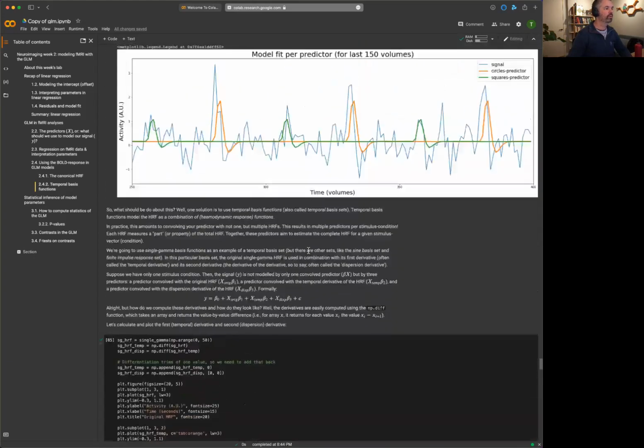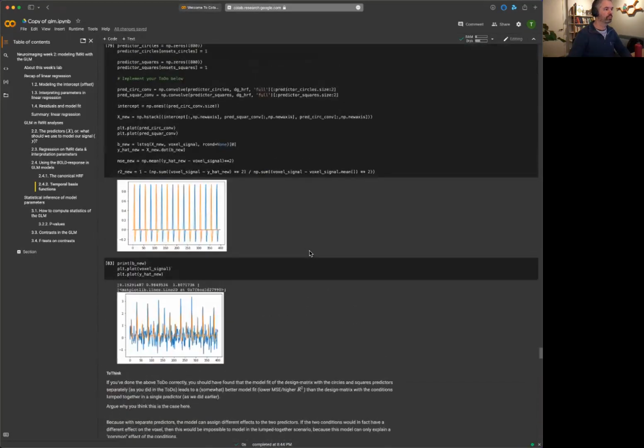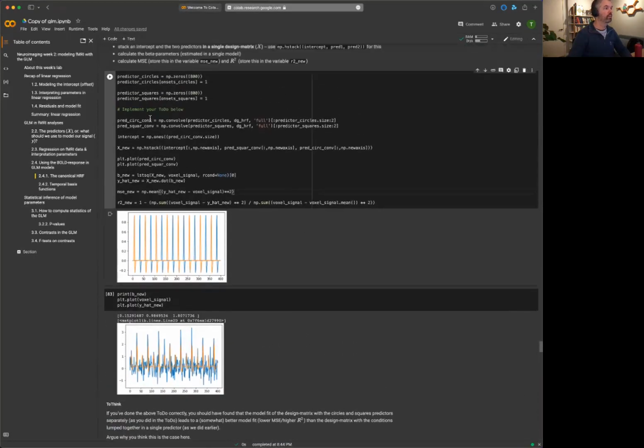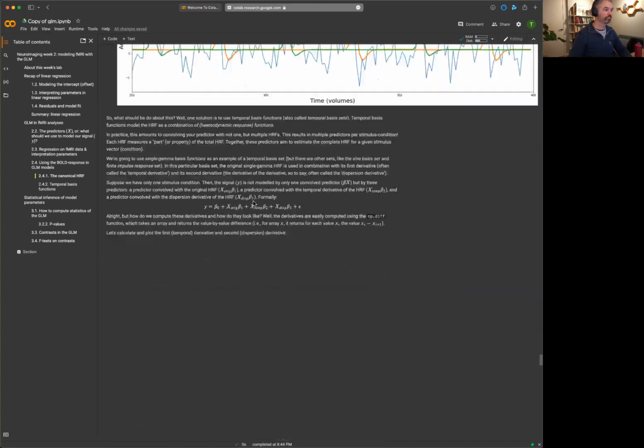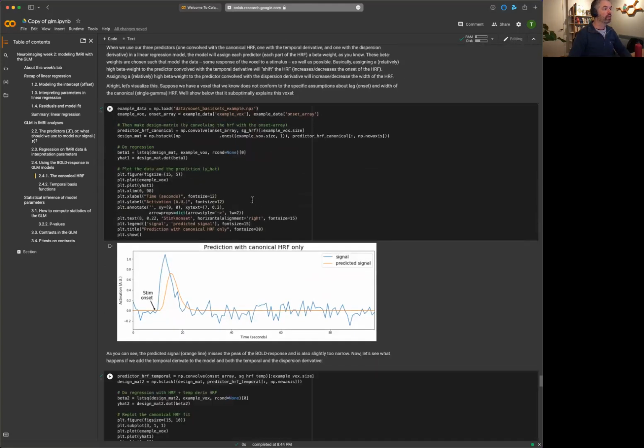But all in all, we don't have to do much different from what we have already done. The only thing that we now need to do is take what we've done here, but do it 3 times, not just for the standard HRF, but also for its time derivative and also for its dispersion derivative.